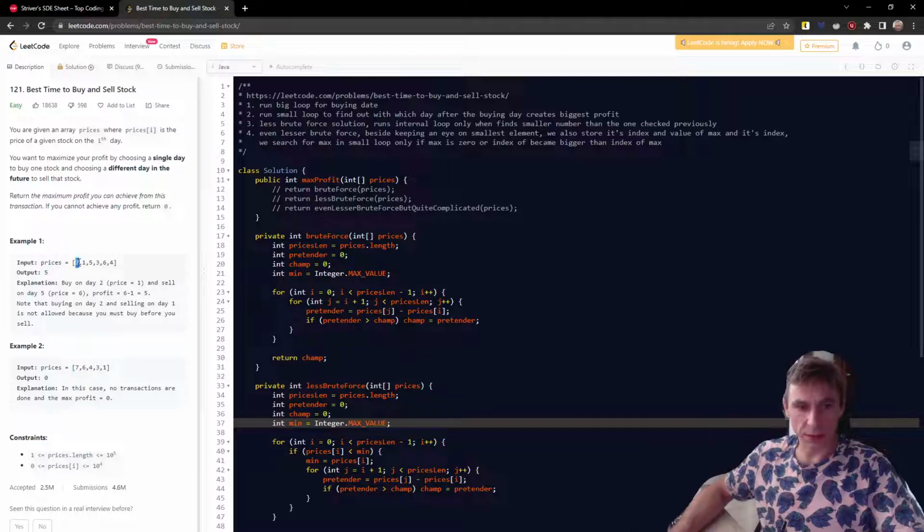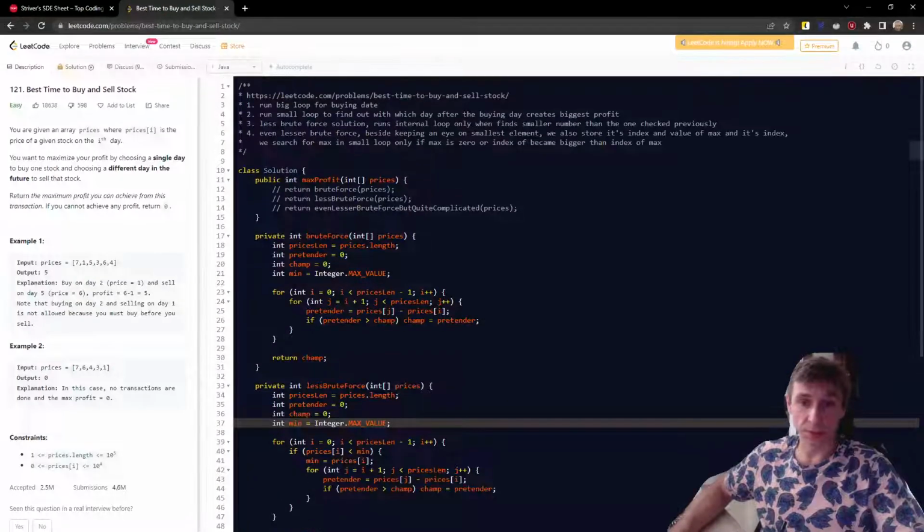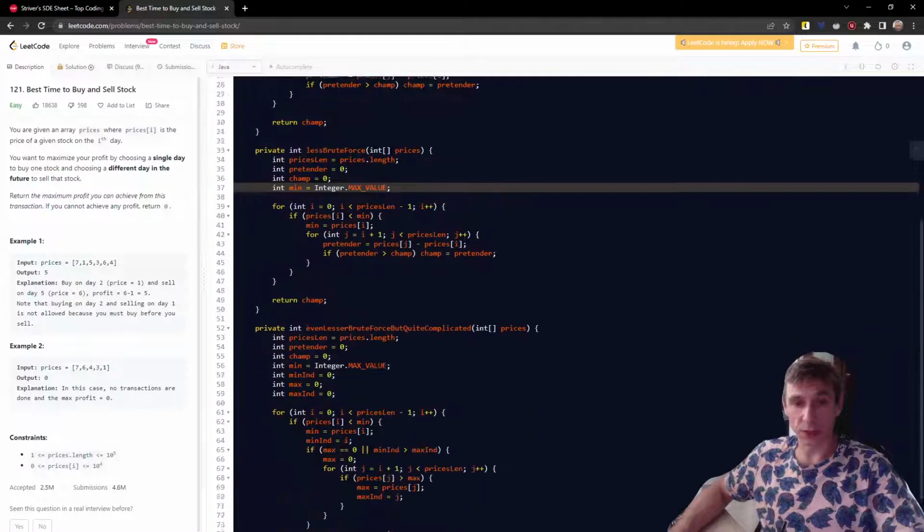So we take, for example, this one, and then loop through the whole other part of the array, searching for the biggest profit. Yeah, it works, but well, my submission wasn't successful because it took too much time.